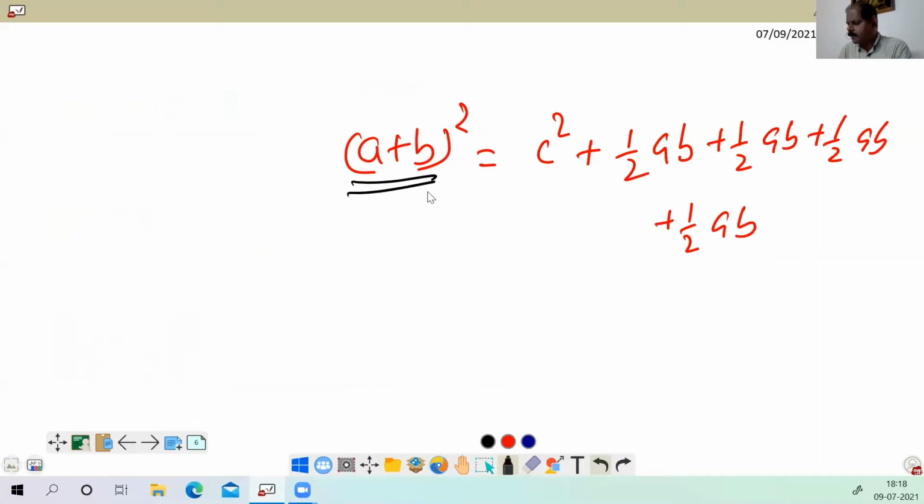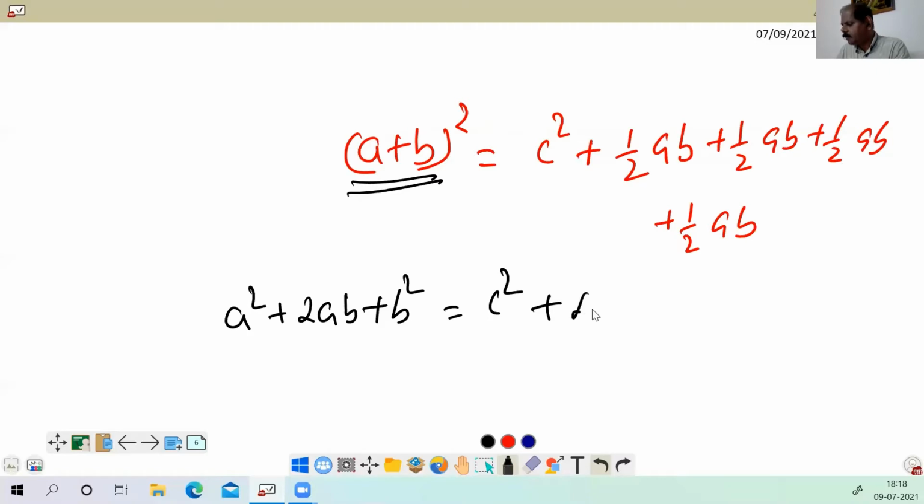A plus B square we have already written there, that is A square plus 2AB plus B square. Here it is C square plus half AB plus half AB plus half AB plus half AB, means 4 times half AB.